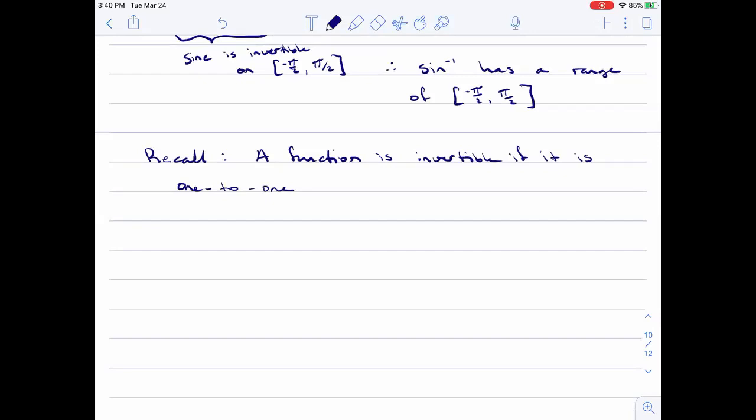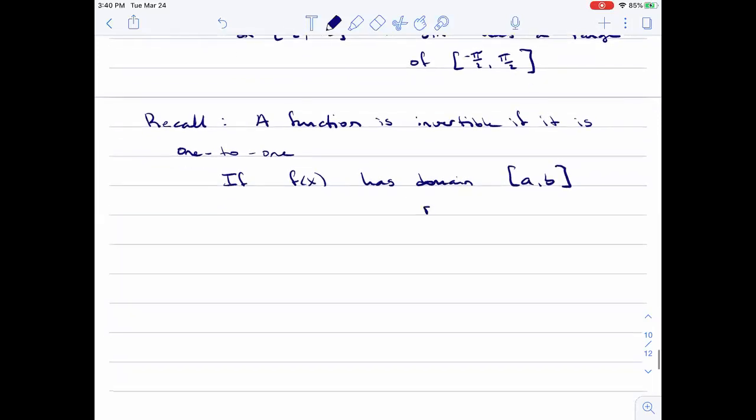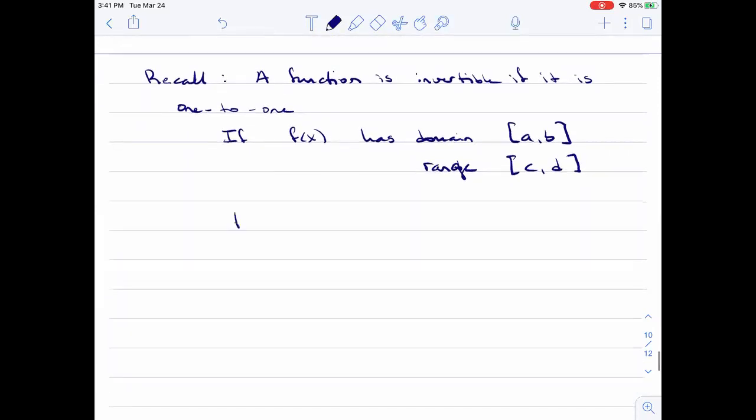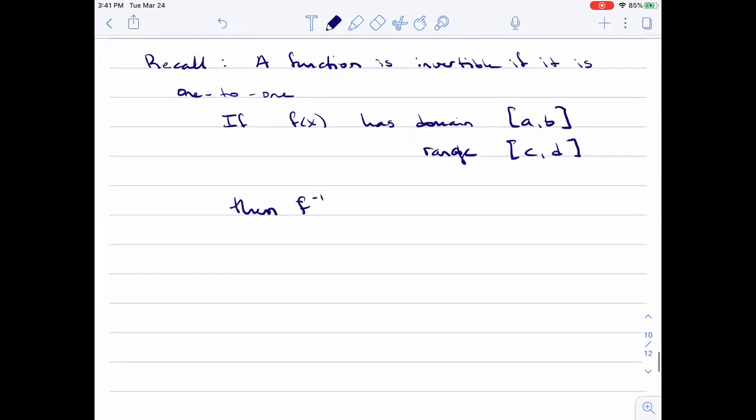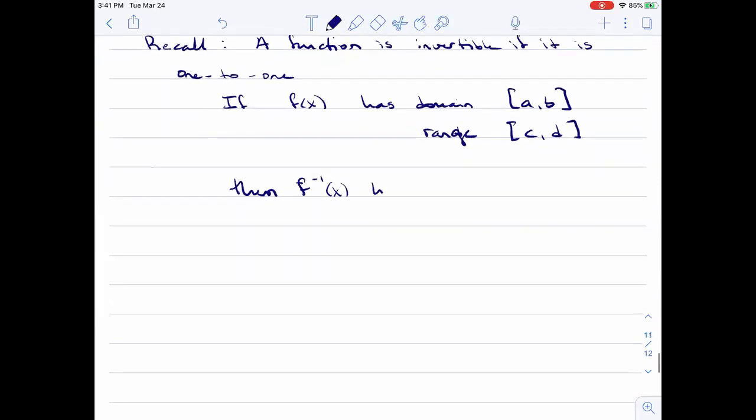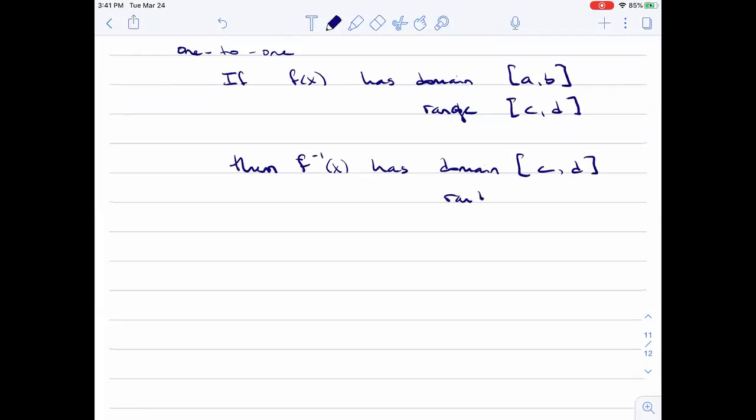And if f of x has, so this is just in general, a domain from A to B and a range from C to D, then the inverse of f has the original range as its domain and the original domain as its range, right?